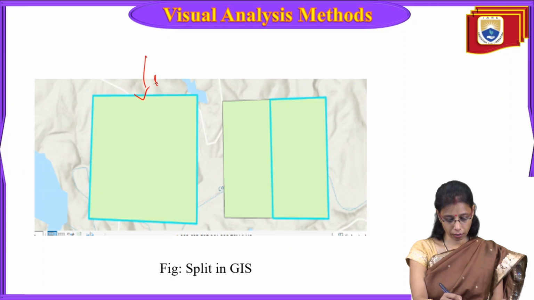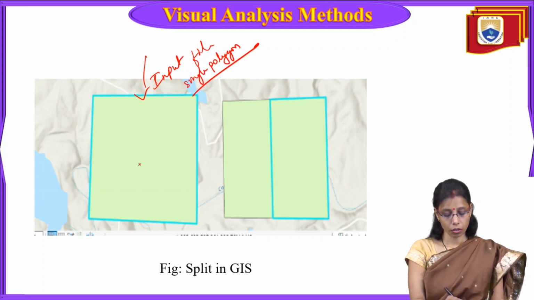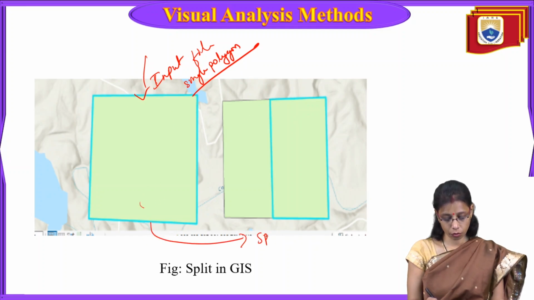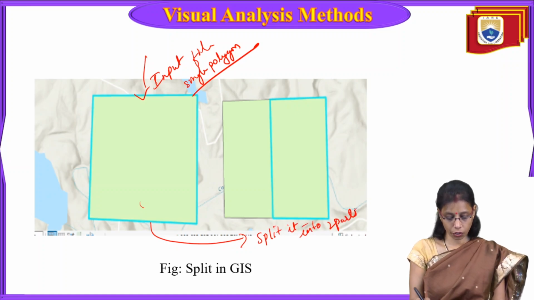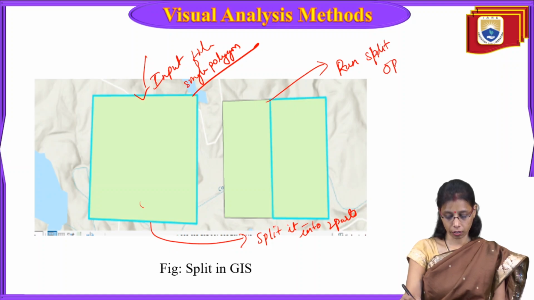So this is your input file. This is a single polygon. Once you select this polygon and you want to split it into 2 parts, what you are going to do is select it and run the split operation.